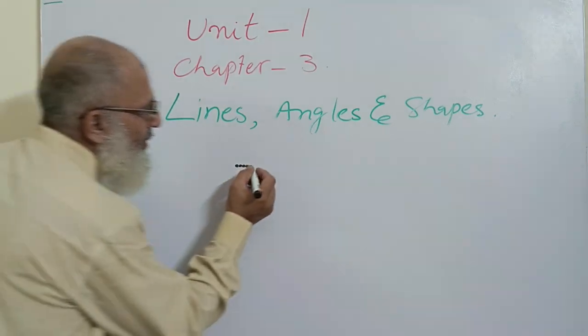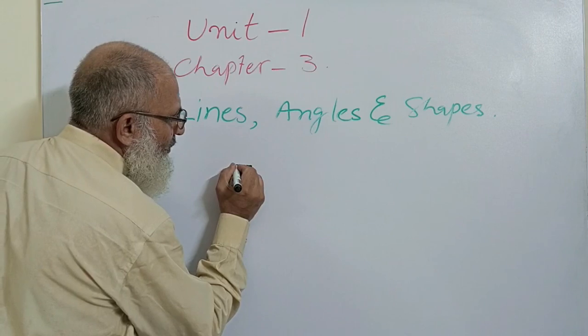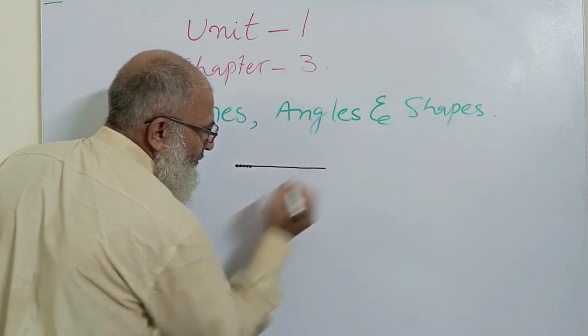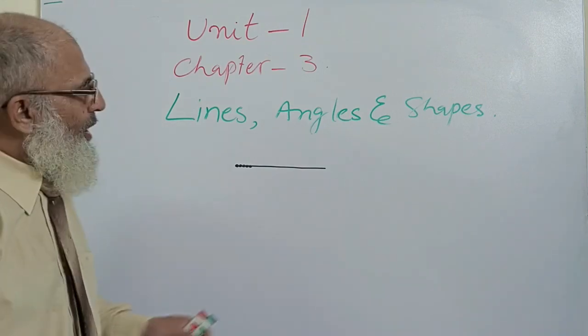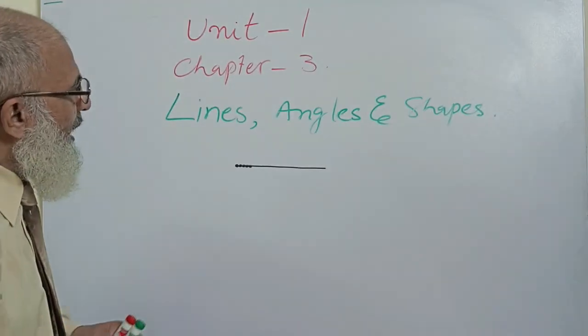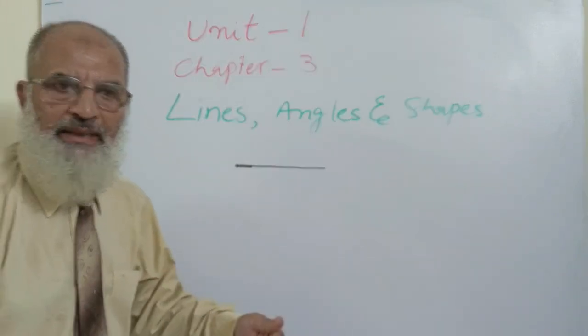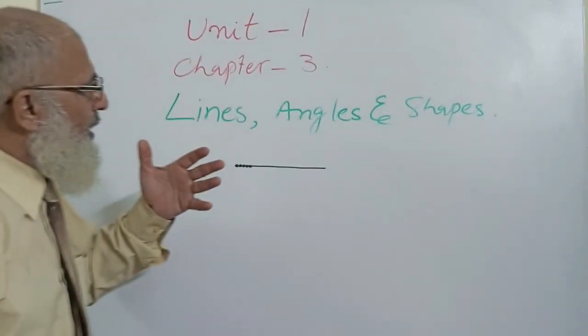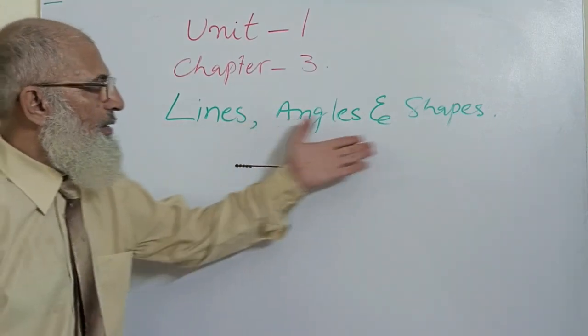And if I just keep on doing it like this, it will shape like this. Now we'll study these in detail when I start, but to give you a little concept of the three things.